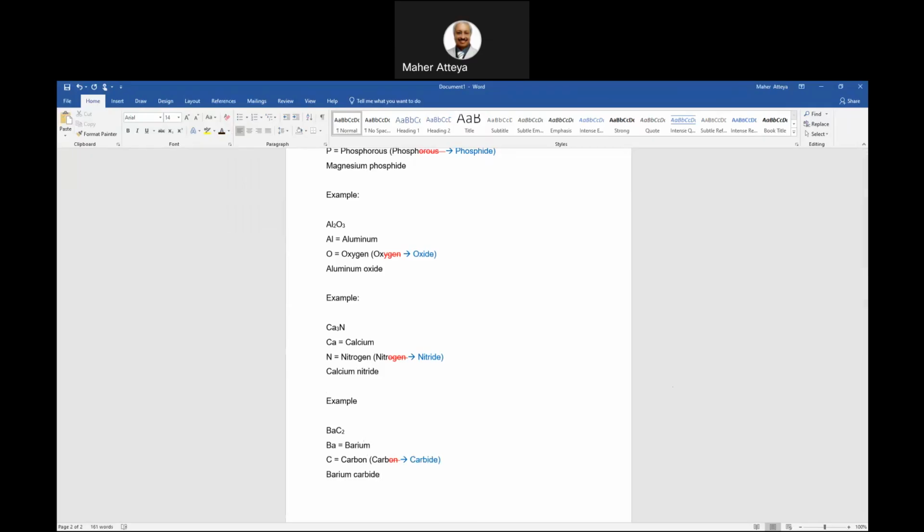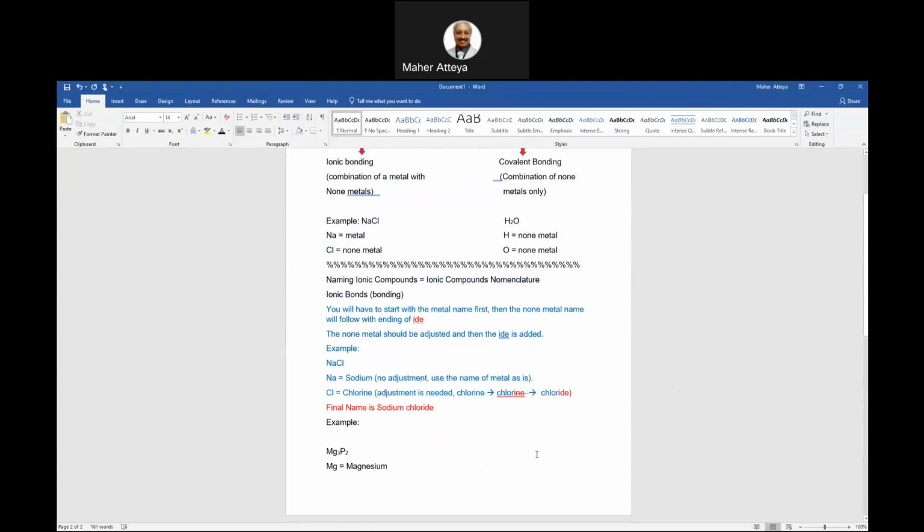So carbide, the C with a small letter. See all those, the only capital letter is for the metal, because it starts the whole naming. With all those examples, I gave you the formula, and you have to tell me the name of it.